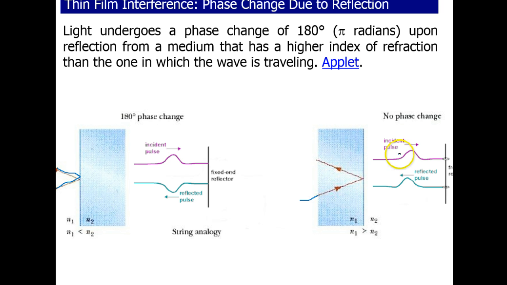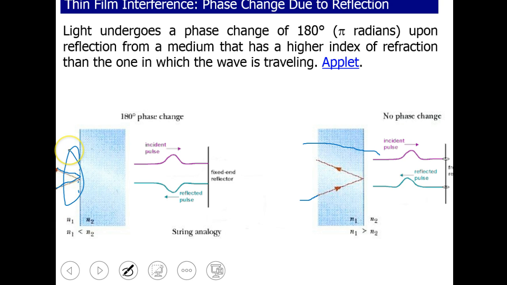And some light, as long as it's not at that critical angle, will continue all the way through that media. But thin film interference happens as light reflects off of this top surface and this back surface of whatever the media is, usually something thin like soap or glass or a little film on top of something.